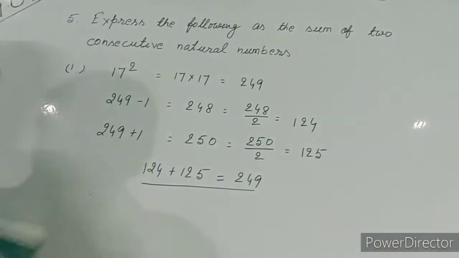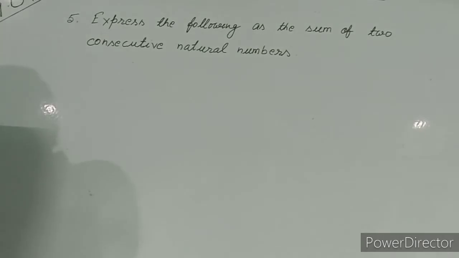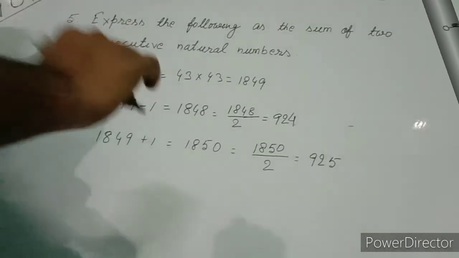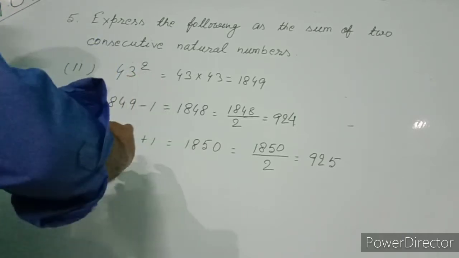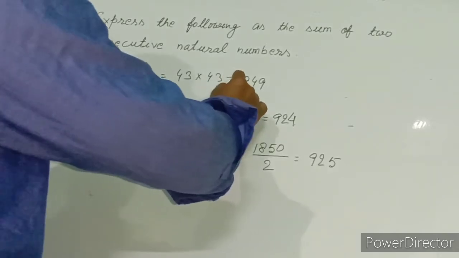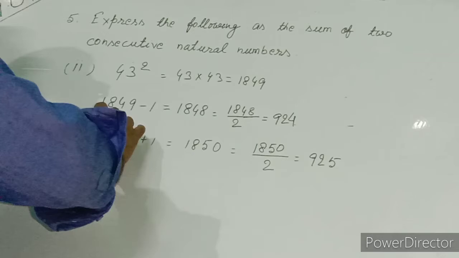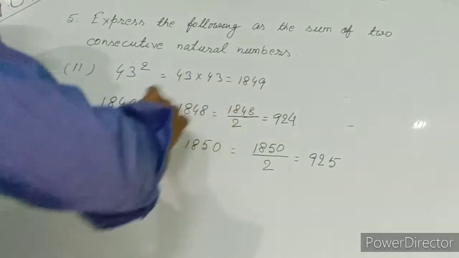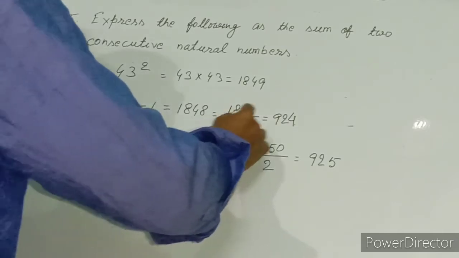Now similarly, see the next question. Roman number 2. The number is 43 square. So at first I got 43 into 43 equal to 1849. Firstly I subtracted 1 from this number. So I got 1848. Then I divided it by 2. I got 924.